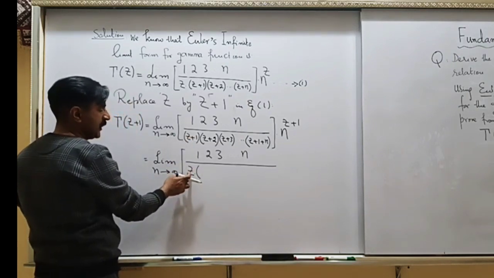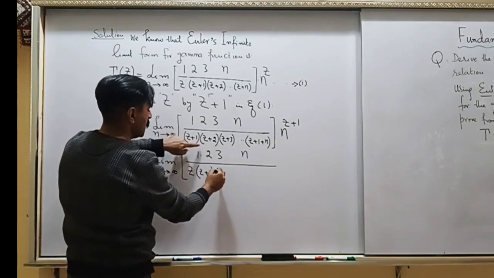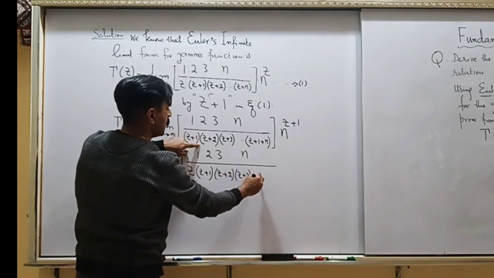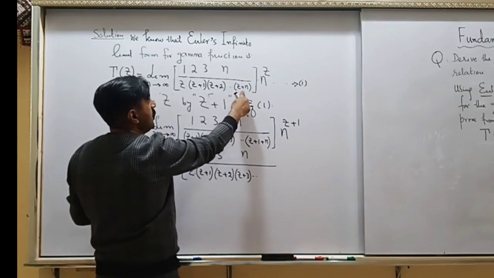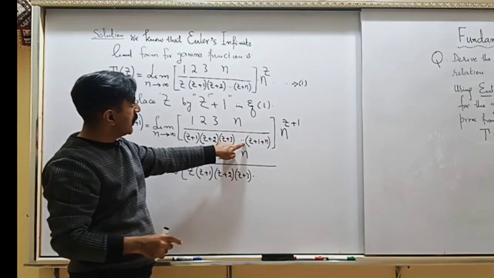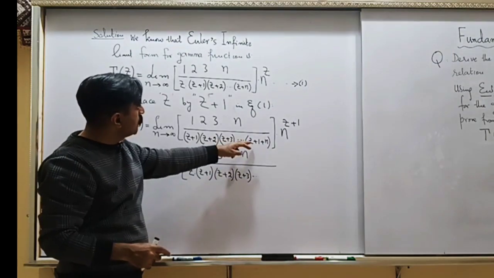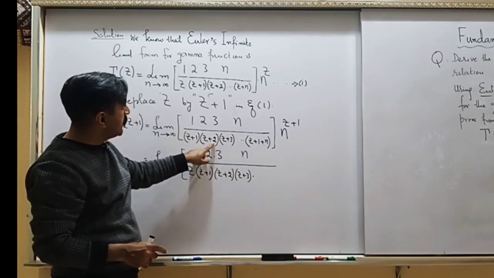I mean, multiplied with z in the denominator, z, and the next factors are the same, z plus 1, z plus 2, z plus 3, dot dot, z plus n. These three dots mean there are a lot of hidden factors over here. As you move left, z plus 3 for example, on its left you have z plus 2.